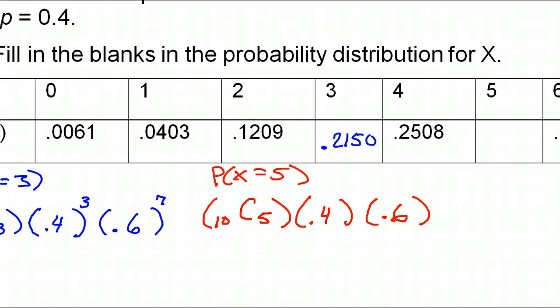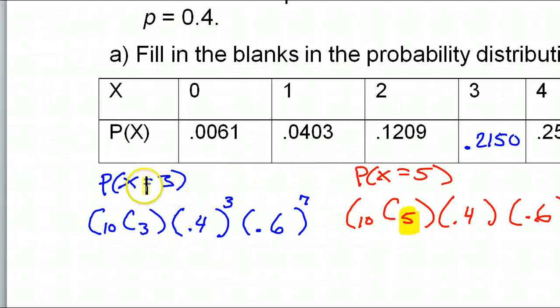Notice this changes. If I'm finding the probability of x equals 5, then this will be a 5. If I'm finding the probability of x equals 3, then this will be 3. In fact, look, these are the things that change: the powers, and the number that you're choosing. And of course these two are always the same.